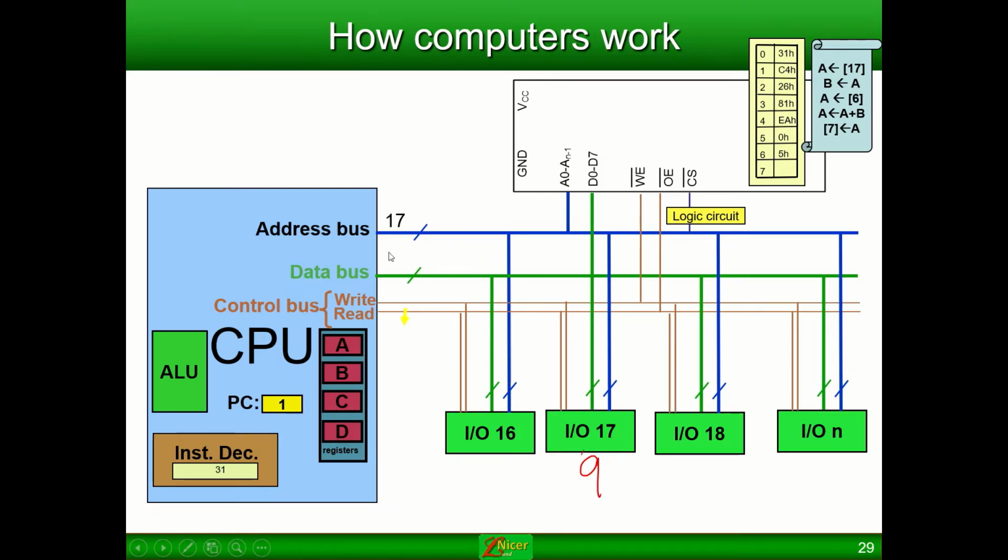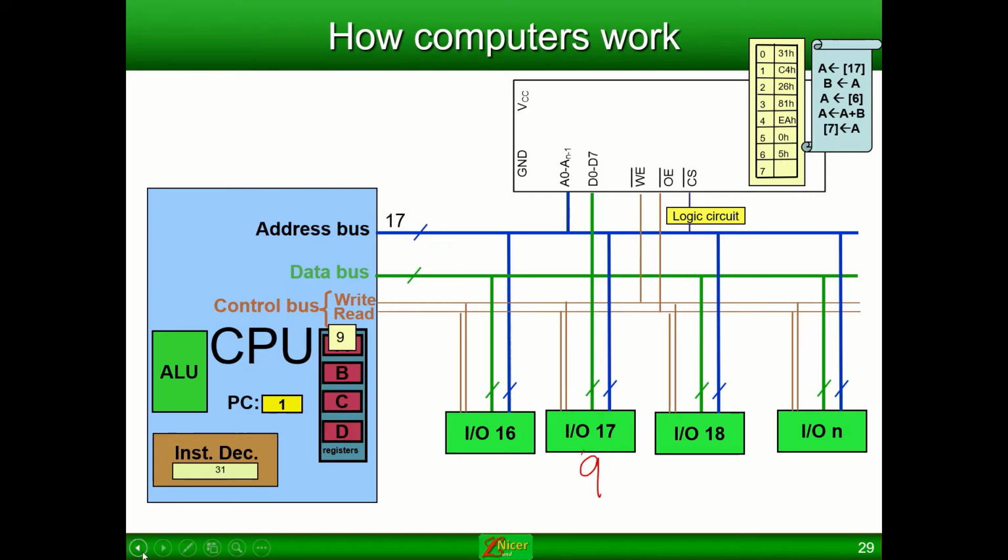When the 31H instruction is decoded, our control bus will be in the read mode, as we have to read the data from the 17th IO, and externally we have placed 9 at the 17th pin. The 9 will flow from the 17th IO using the data bus and will be stored in the register A, as we can see.